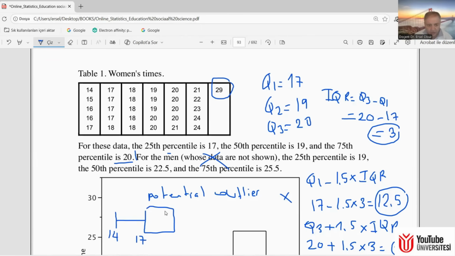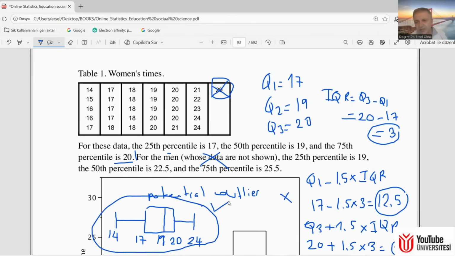You will get Q2, which is 19. And you will get Q3, which is 20. Then you cannot use 29. So what you do, you go up to 24. So that's going to be basically your box plot.